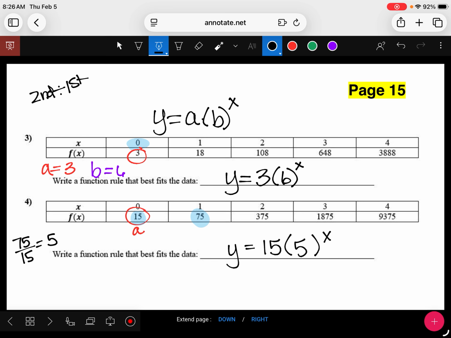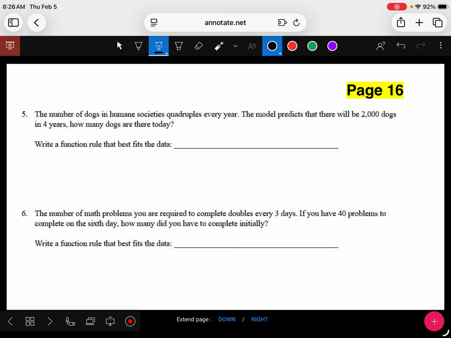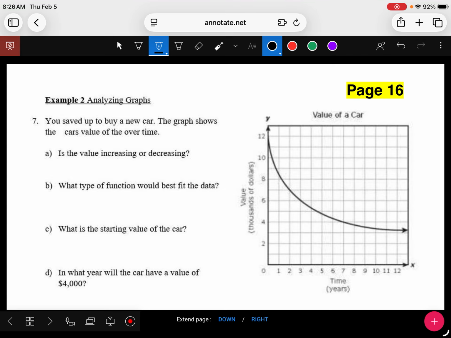Any questions? All right, let's look at a couple of graphs quickly. Let's go to, oh, sorry, we're not doing this page. Go to the graph on page 16. All right, so we got to look at a table.